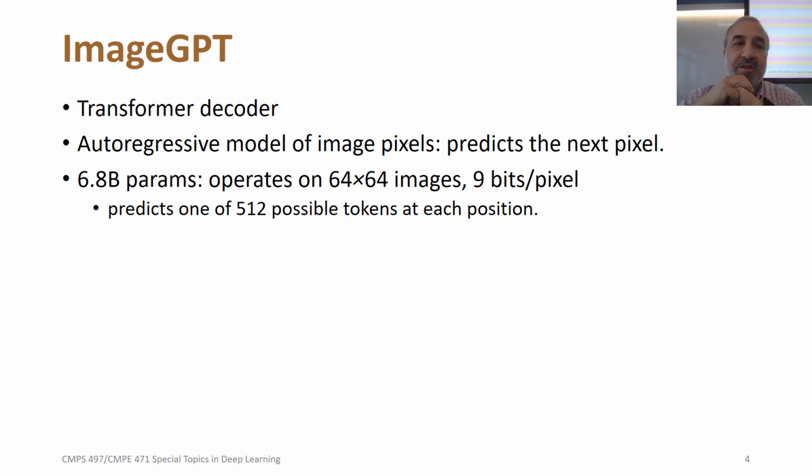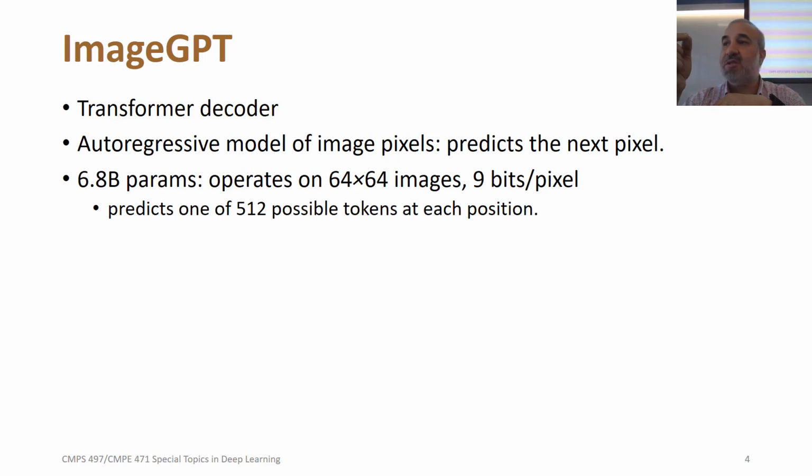The model that was introduced at the time has 6.8 billion parameters. Although it is really large, it operates on very small scaled images, 64 by 64. Otherwise, the model would be much larger. And if you think about it, each pixel has RGB values, right?